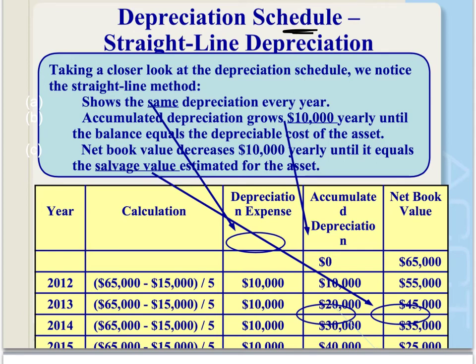What you should notice is that each year we take $10,000. We will do that for 5 years. The net book value of this asset decreases $10,000 each year, and the accumulated depreciation goes up $10,000 each year as the book value goes down.